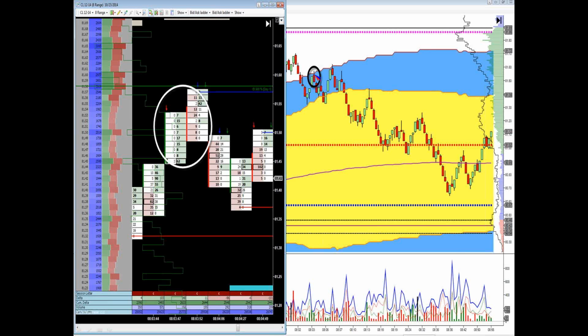Once it gets there, if it breaks out, we can buy it. If it holds, we can sell it. So here is our order flow trading up into that area. You can see we've got our delta, more buyers, and then here you can see the buyers are waning, and that's right as we're hitting that.